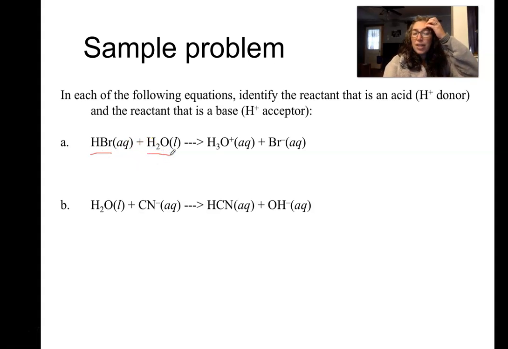Well, first, just looking at them, they both have hydrogen as part of their formula. So technically either one of them could be an acid because they both have a hydrogen to potentially give. We look at what they become on the flip side. All right, H2O becomes H3O+. So it gained a hydrogen. It gained an H+.